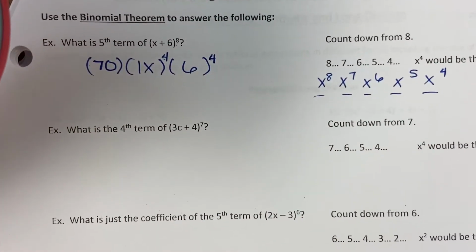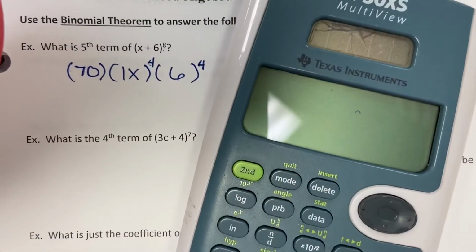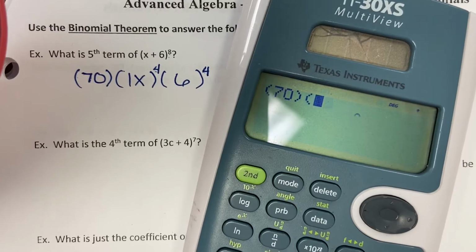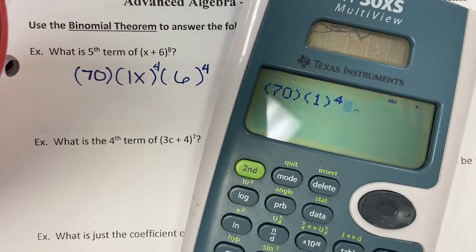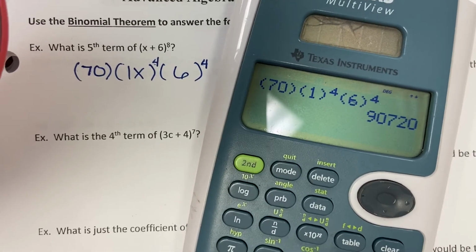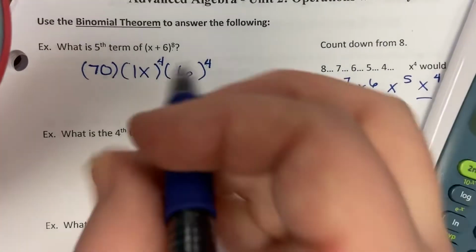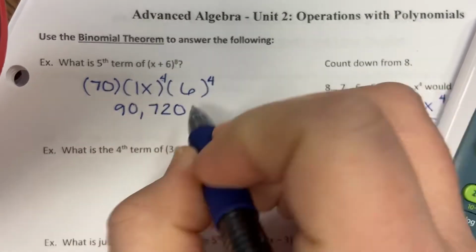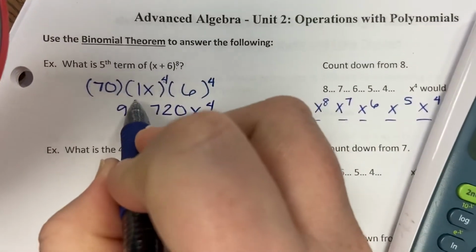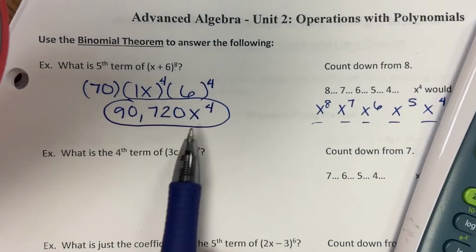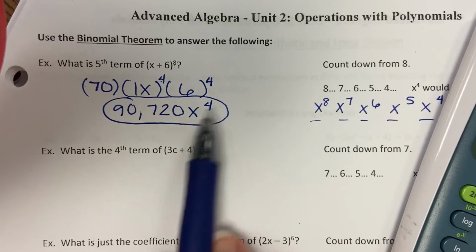Then I put that in my calculator: 70, and then 1 to the 4th power, and then 6 to the 4th power. We're going to get a very big number, 90,720. And then x to the what? 4th power. Now remember, that's the term.